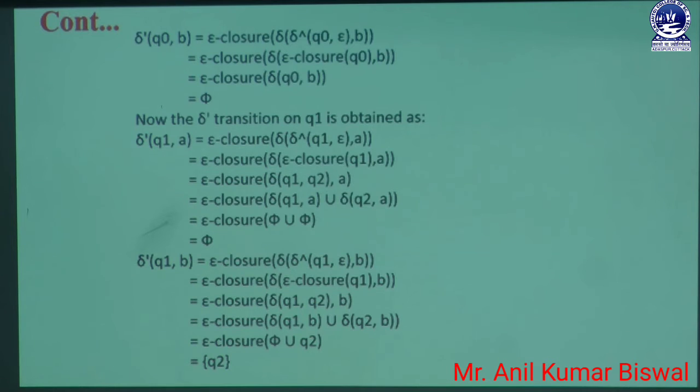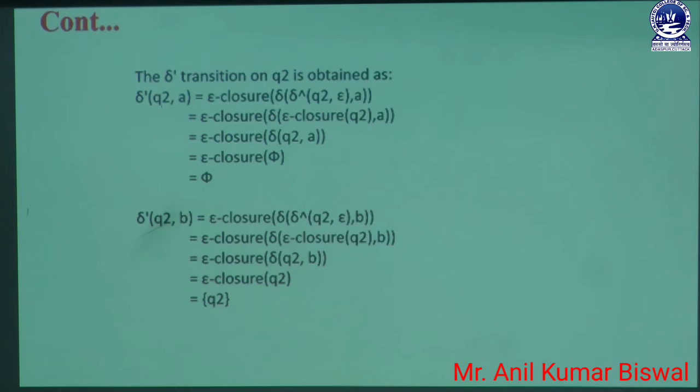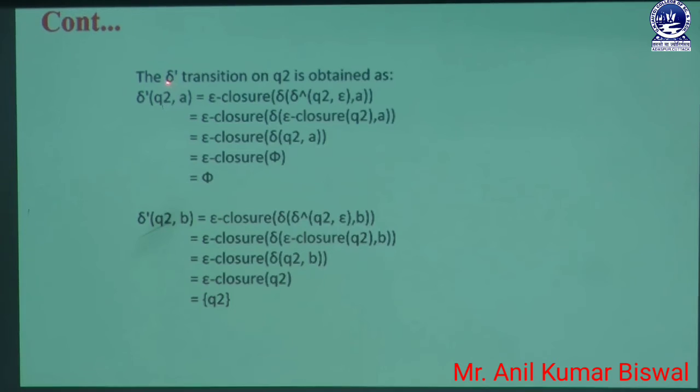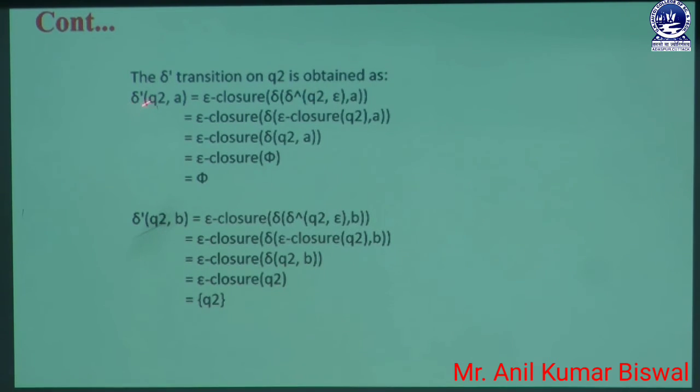This explanation lets you design another one, showing how to take q2 with an epsilon transition and find its moves. Here the epsilon needs to be removed from the transition table. We need to create a transition state: the transition of q2 is obtained as the transition of q2 accepting input symbol A. Here we calculate the epsilon closure property.